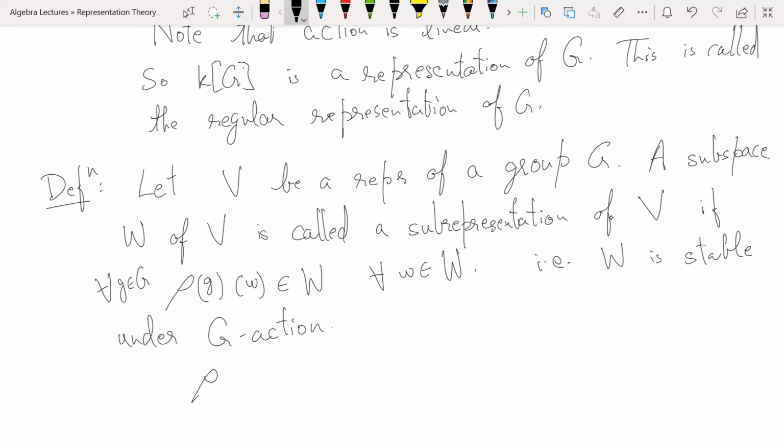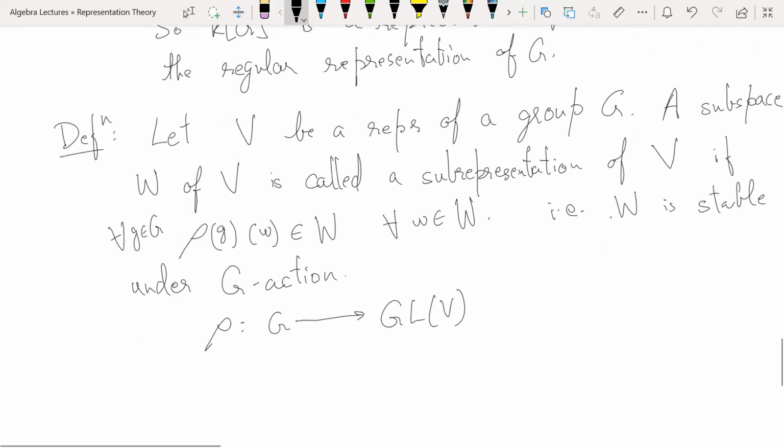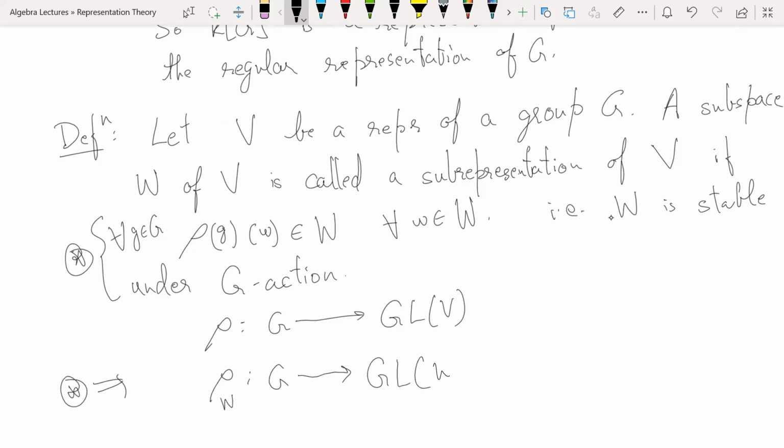Rho to start with was a map from G to GL V, but if you know this property, star implies that you get rho W, let's say, from G to GL W. Because the image is again going to be a linear map of W, and it actually lands in and is invertible.